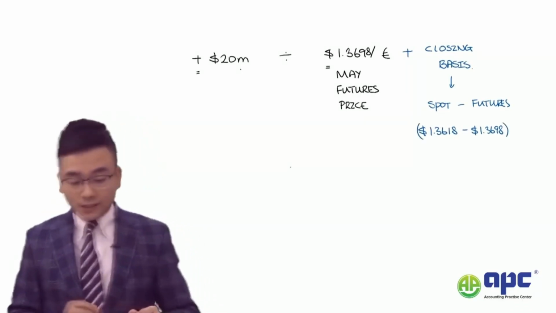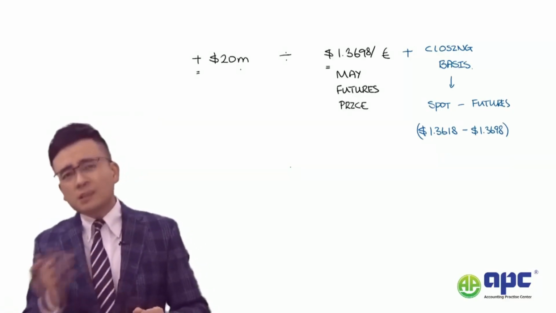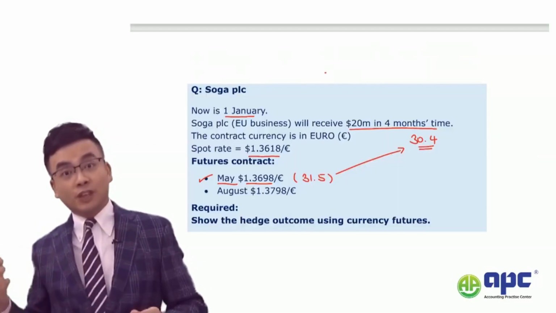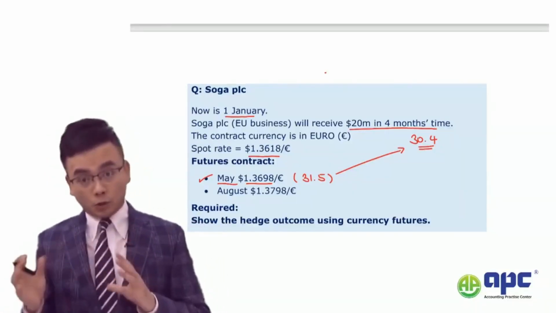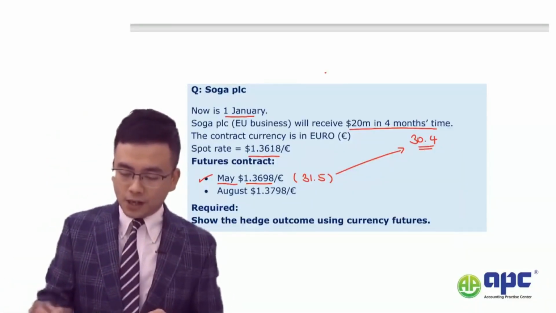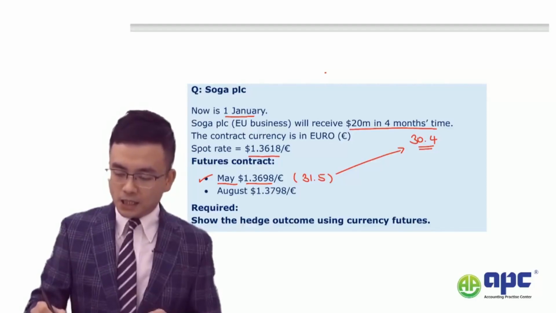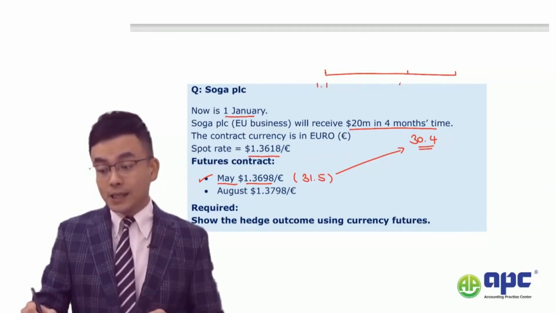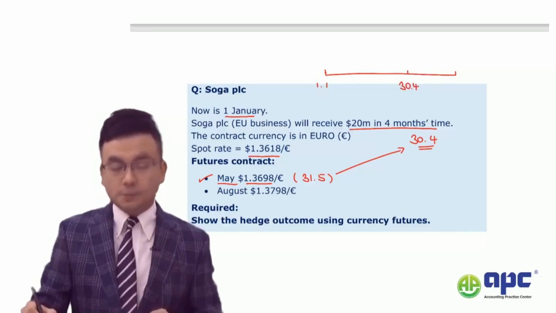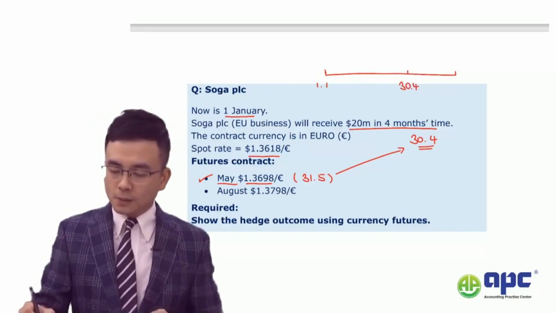As you can see, it is similar to what we've seen with depreciation on property, plant and equipment. So, for example, let me draw the timeline here. Now it's 1st January, and we settle on 30th April, and the contract will expire on 31st May.